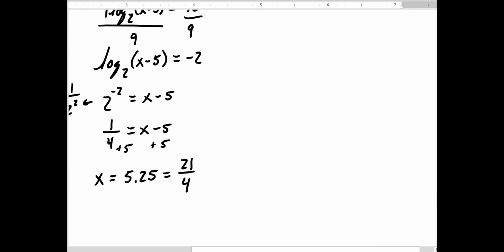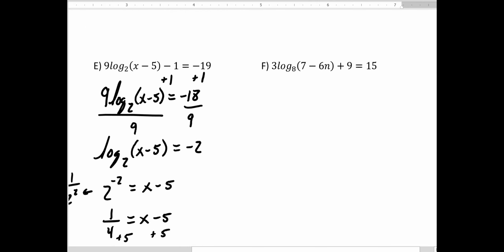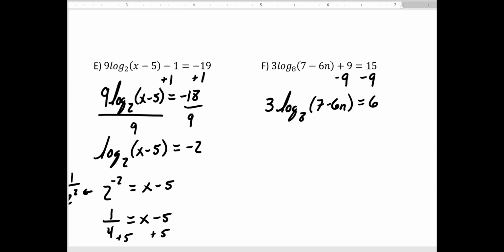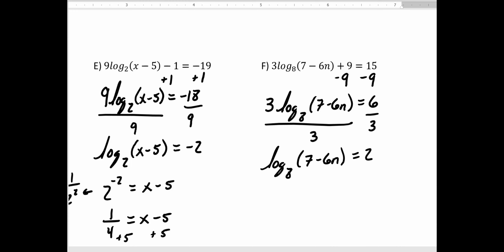All right. Last thing here for letter F. Ooh, good one. I'm going to subtract 9 from both sides. So I say 3 log base 8 of 7 minus 6n equals 6. And then I'm going to divide by 3. 6 divided by 3 is 2. So I'll have log base 8 of 7 minus 6n equals 2.